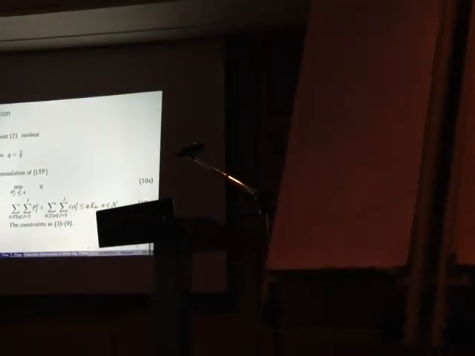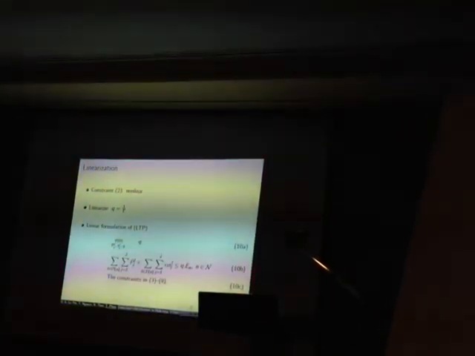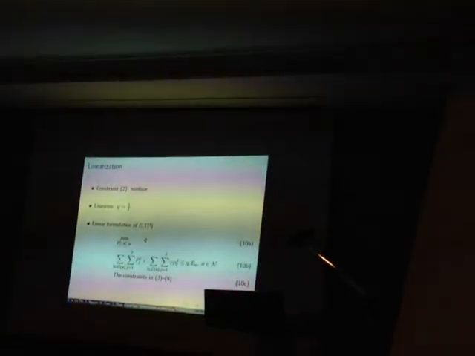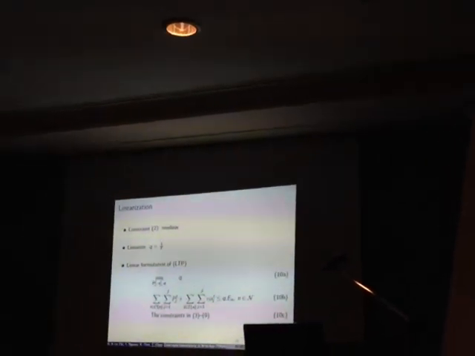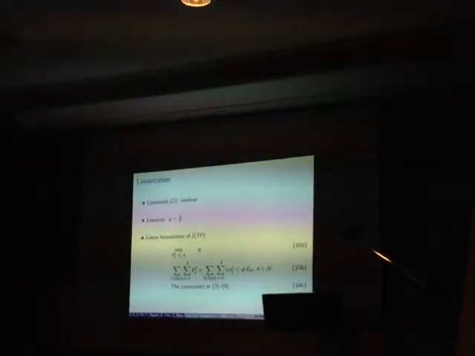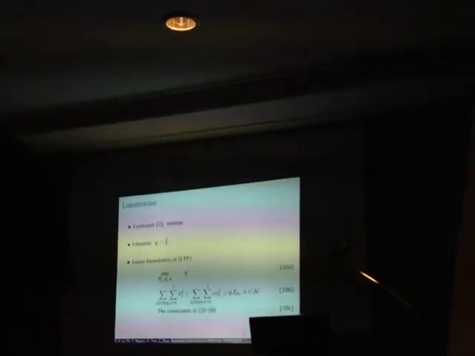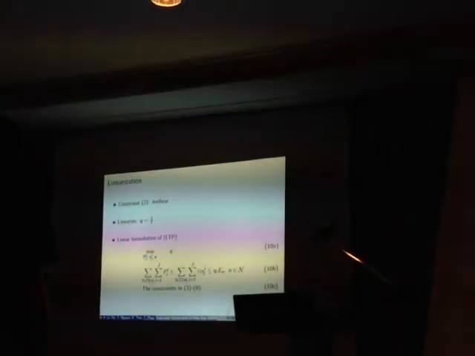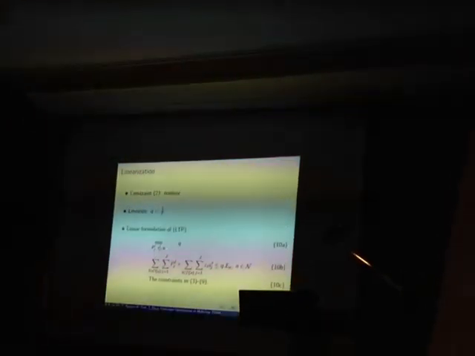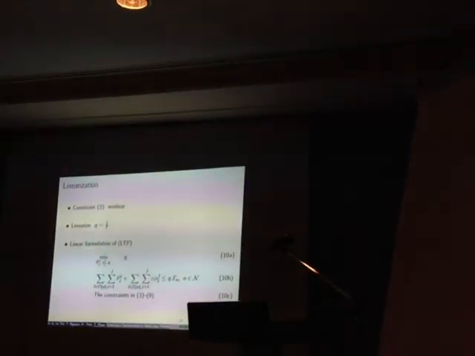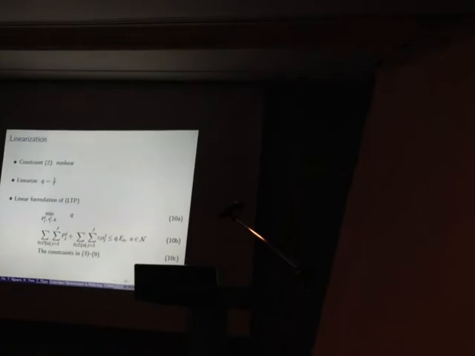My colleague will now present to you. Instead of maximizing T, we minimize Q over T. And so we can transform the bilinear constraint into a linear constraint. Very simple.